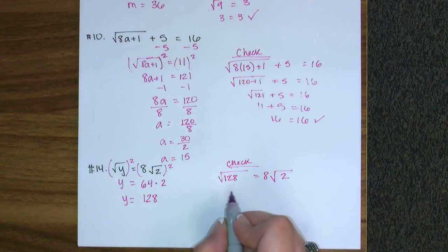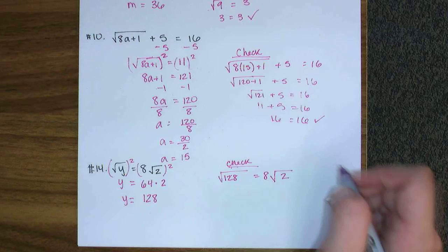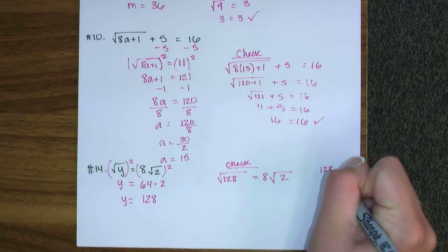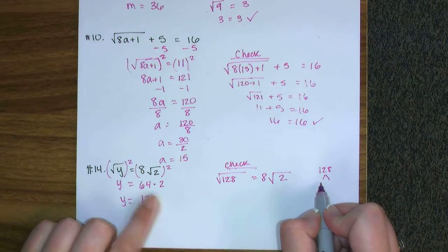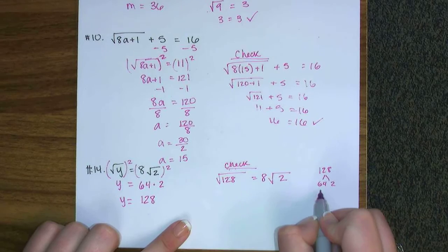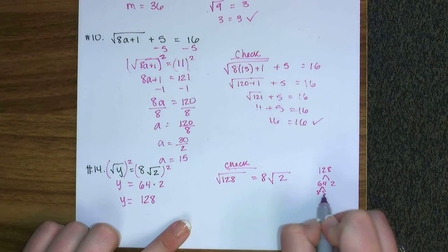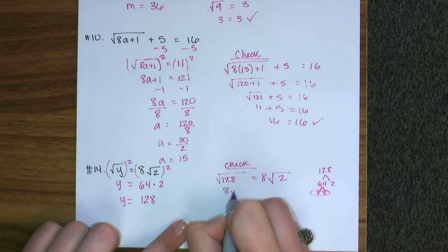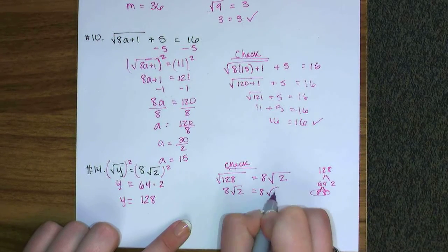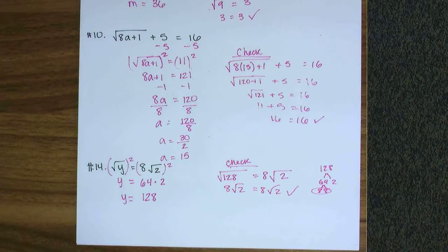Now I need to break up this 128 into pieces, like we did in 11.2. So 128, well, we just said it was 64 and 2, so let's see what happens here. 64 is 8 and 8, so that means we can pull out an 8 and be left with the square root of 2, so that gives me 8 square root of 2 is equal to 8 square root of 2, so we're good.